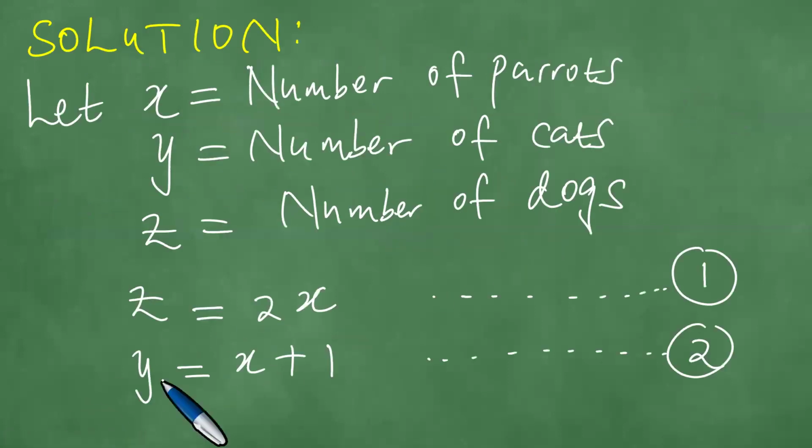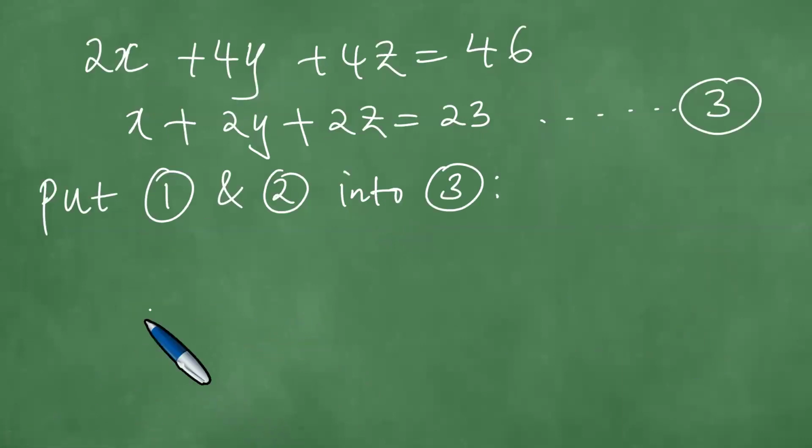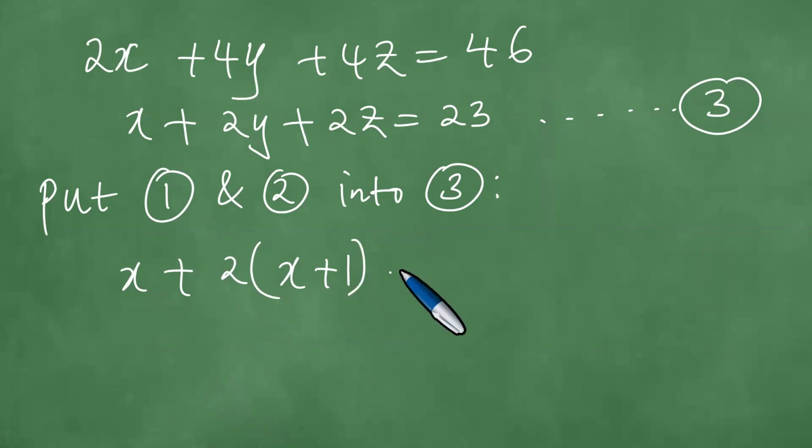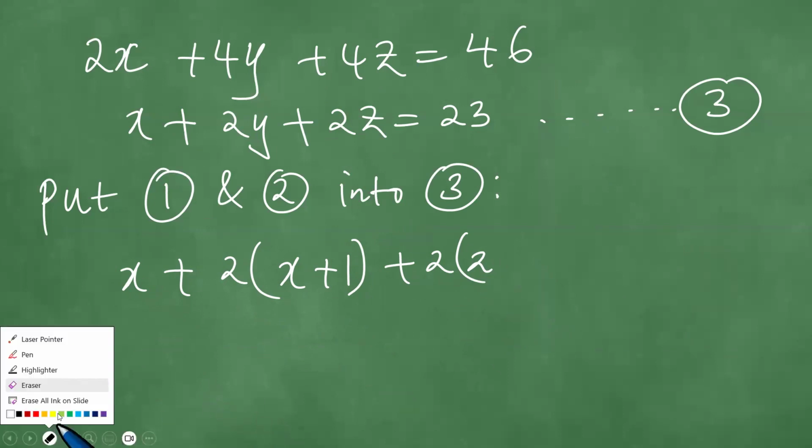By doing so, we know very well that z is twice x, but y is x plus 1. So we actually will have y is x plus 1, right? And we know that z is twice x, right? So z is twice x, like so.